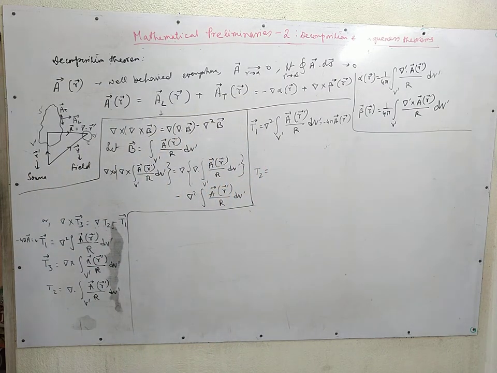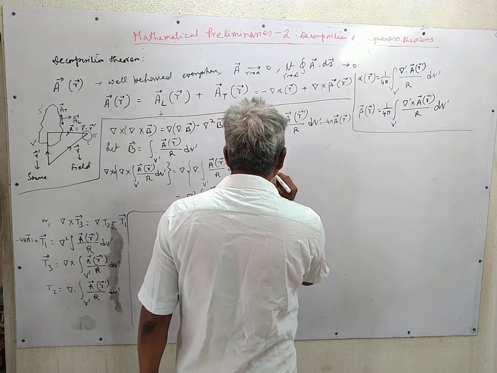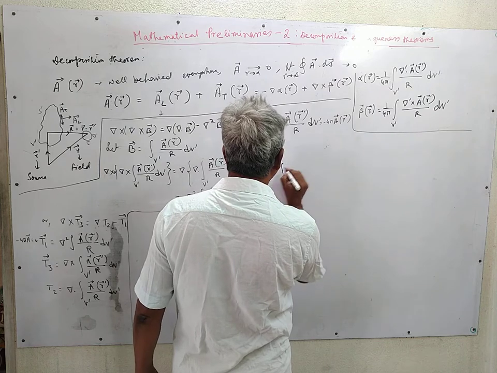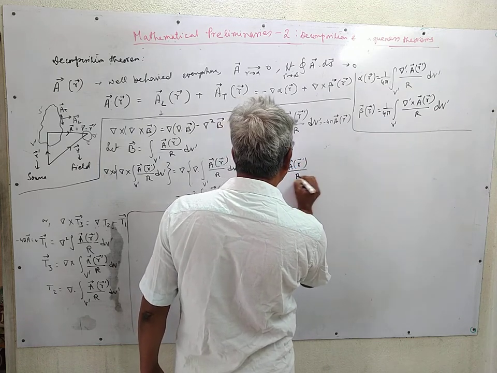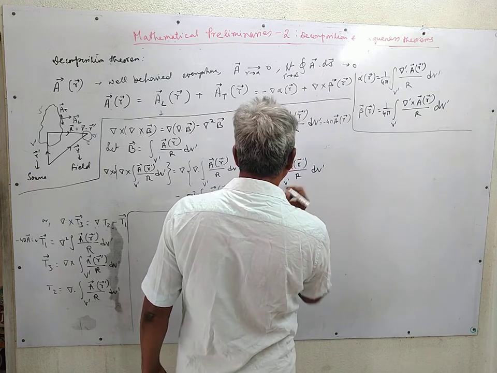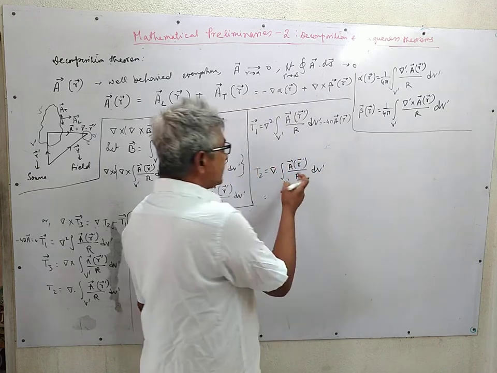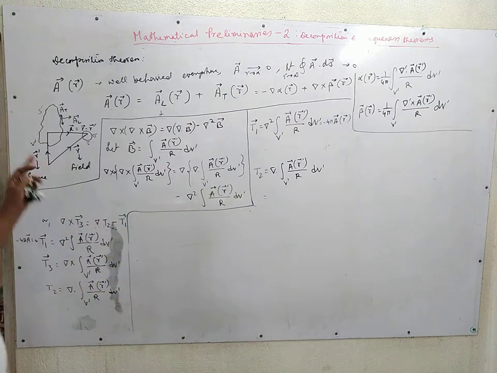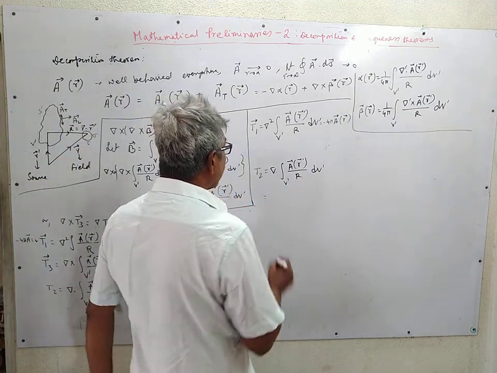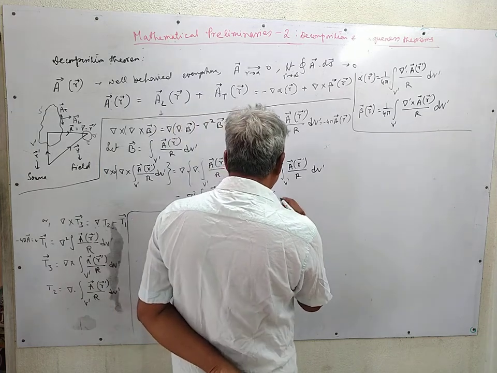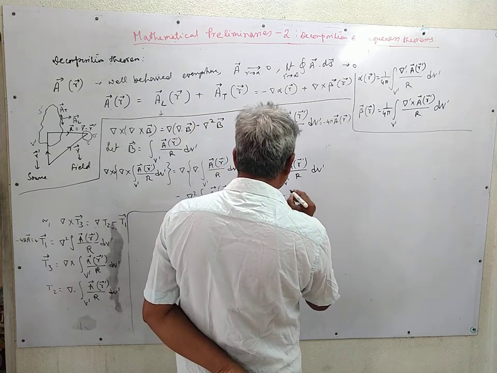T2 is a scalar quantity and is equal to divergence of A r prime by r dv prime integrated over v prime. The differentiation is with respect to field coordinate, integration is with respect to source coordinate, so we can interchange, and we write it as.